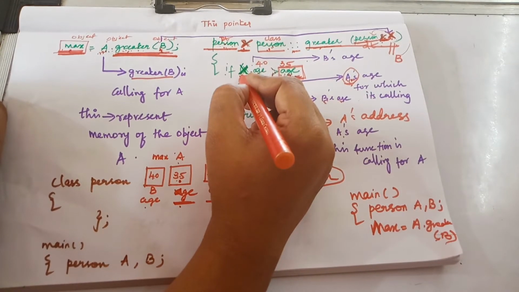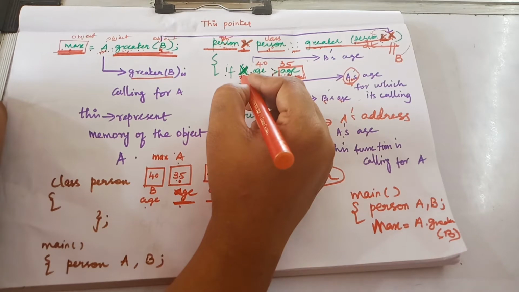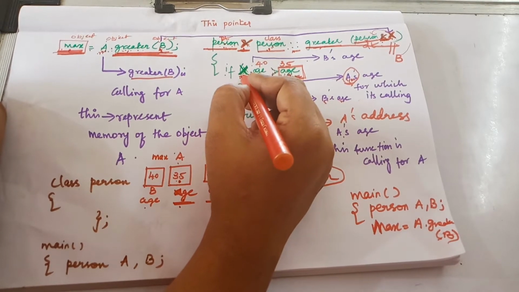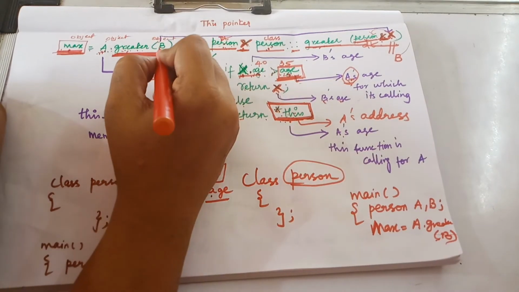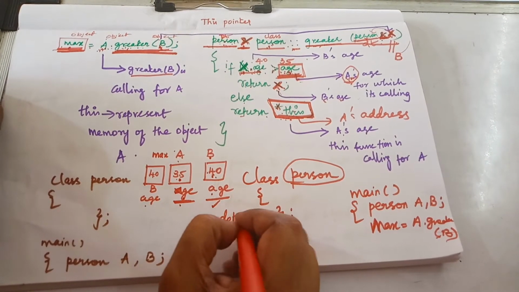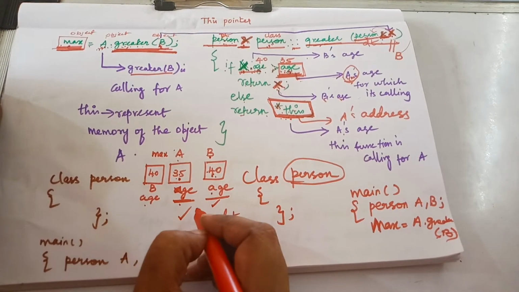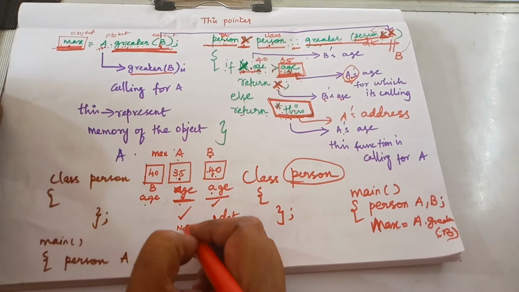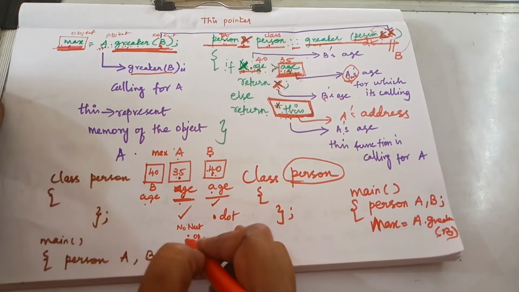This is for B. I am passing B as the argument. For that data member, I have to use the dot operator. So for the data members available in B, I want to use the dot operator. I'm calling the member function for this object, so no need for the dot operator. Okay, so remember this.